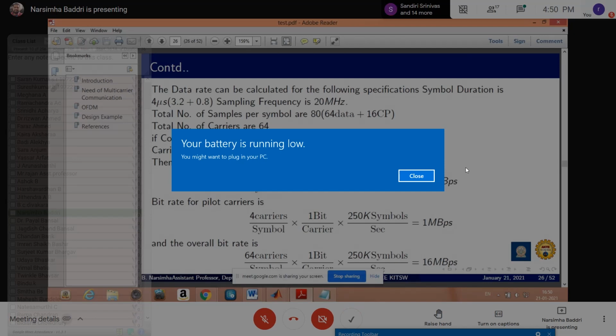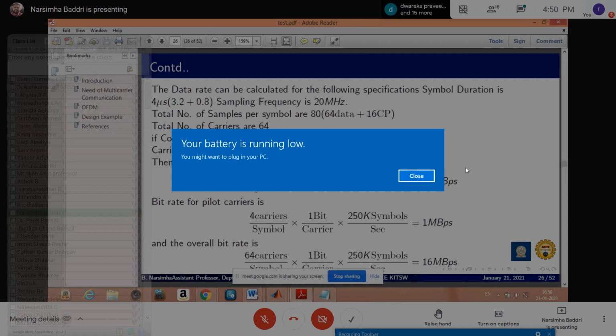Coming to the carrier assignment, we are not using all the carriers; that is decided by the standard. 48 will be the data carriers, 4 will be used to carry the pilot symbols, pilot information, and the 12 are unused.